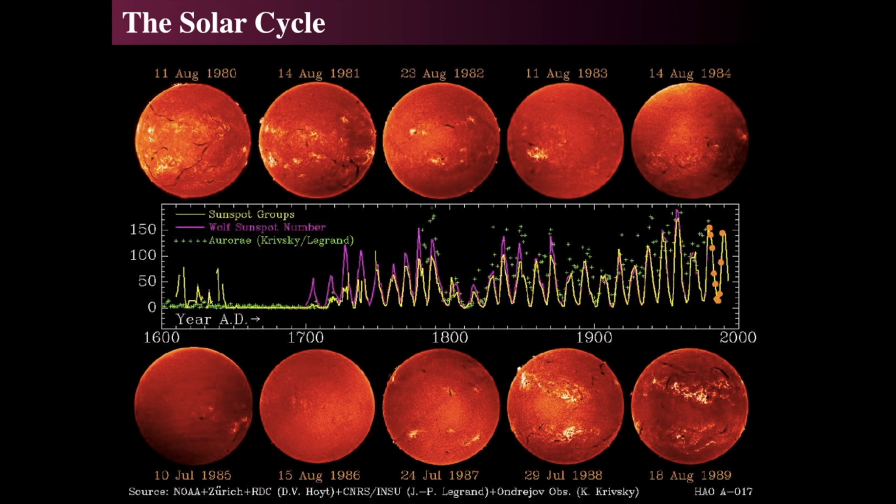But there was a time, roughly around 1650 to roughly 1700, that's called the Maunder minimum, where there were no sunspots. People were counting and were looking for them, but saw none. And it actually corresponded to a time of cooling on the northern hemisphere.